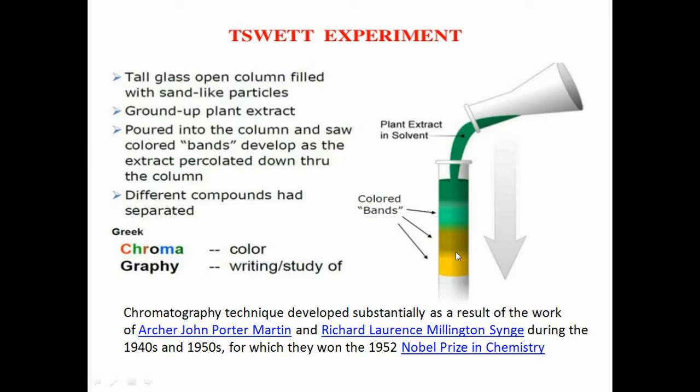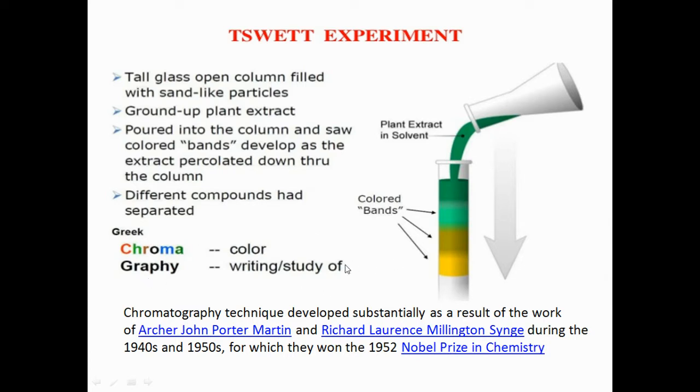As we know, the plant pigments present in plants are chlorophyll, xanthophyll, carotenes, etc. So this was the first experiment done by Michael Tswett, and hence he named it chromatography. Actually, chroma is a Greek word where chroma stands for color and graphy is nothing but writing or study of. So first, only the study of colored components was used for chromatography.